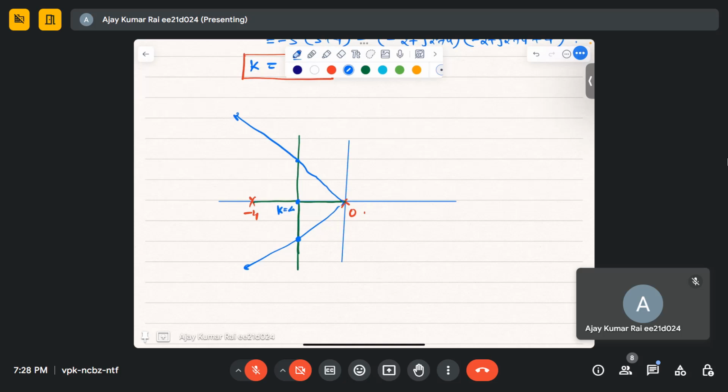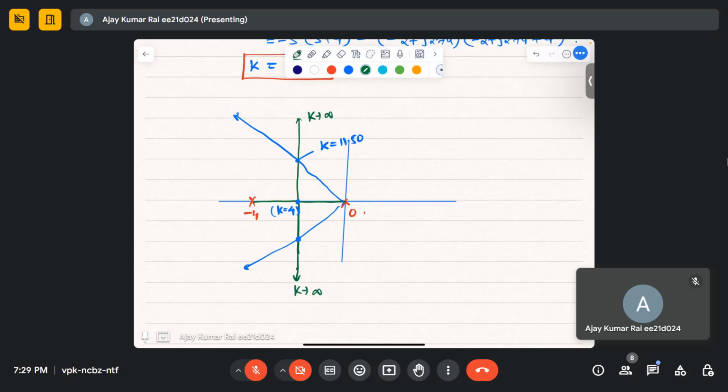K is equal to 4 at one, and now we have identified K is equal to 11.50 at the other. And again it goes to infinity at K equal to infinity.